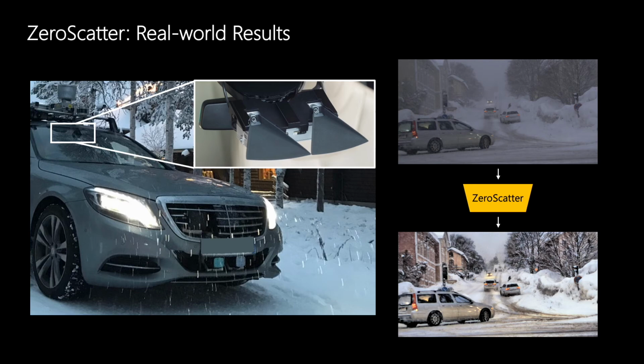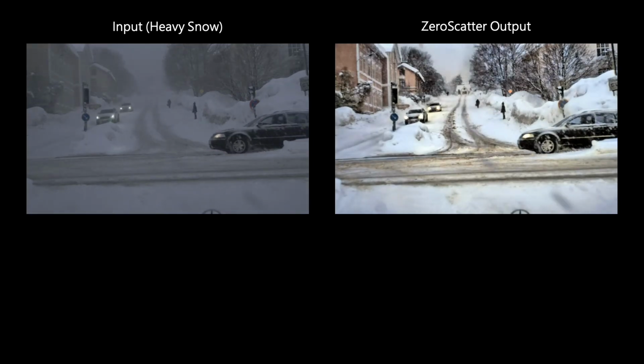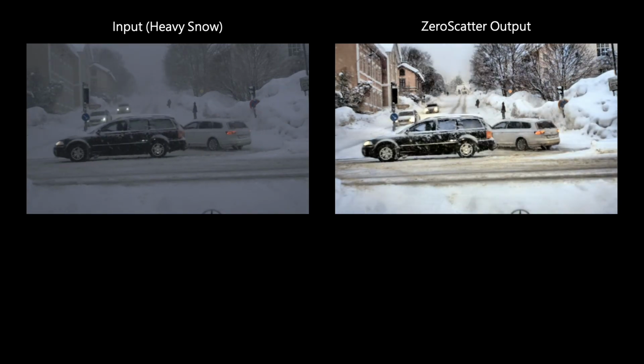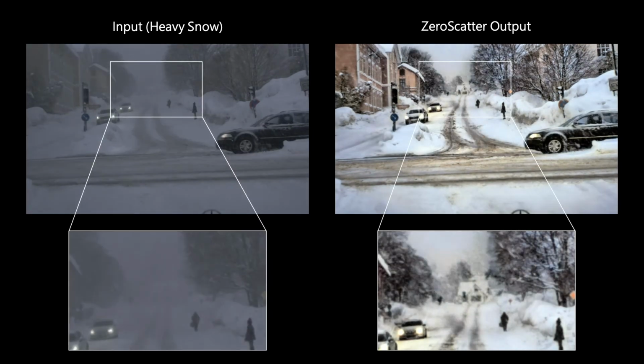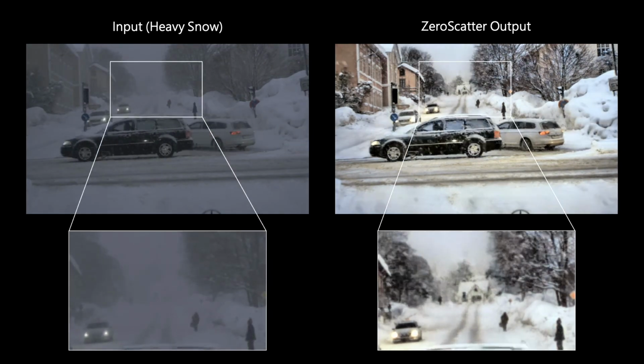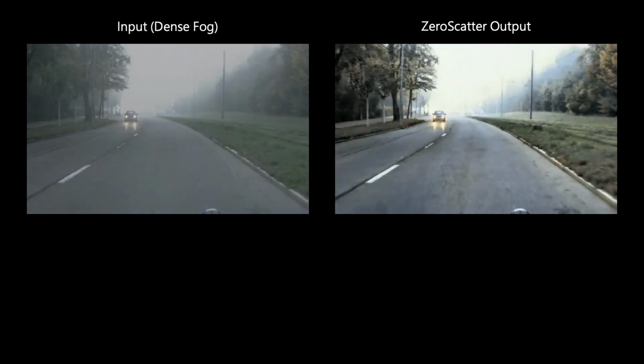We now showcase the performance of ZeroScatter on unseen real-world adverse weather captures. Our first example is of a heavy snow scene, where ZeroScatter reveals objects at long distance, such as a house at the end of the road. ZeroScatter also performs well under dense fog.